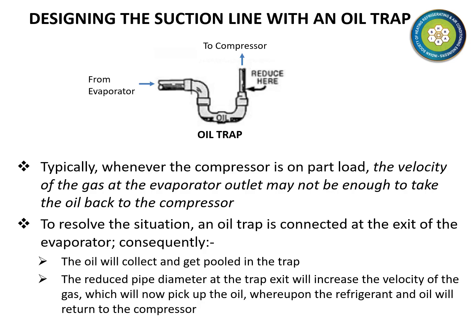During operation, the oil collects and gets pooled in the trap. The reduced pipe diameter at the trap exit increases the velocity of the gas, which now picks up the oil, whereupon the vapor and oil are returned to the compressor.